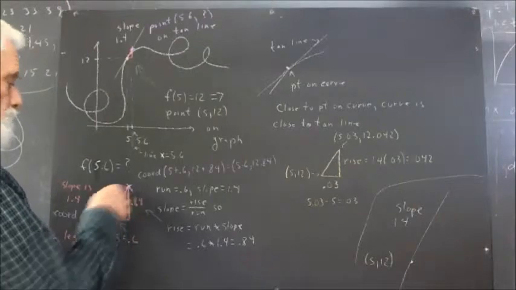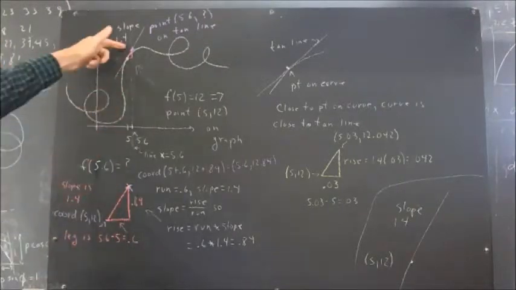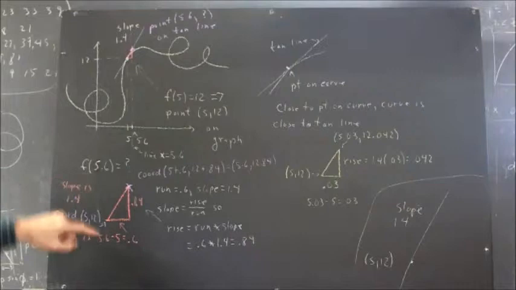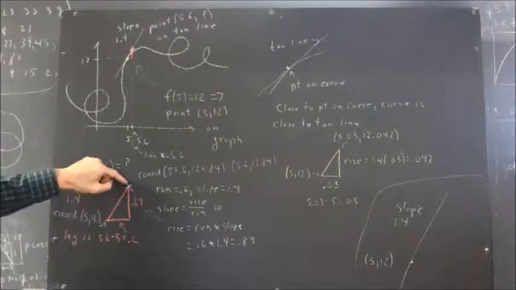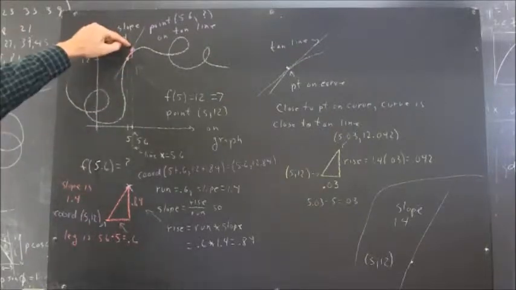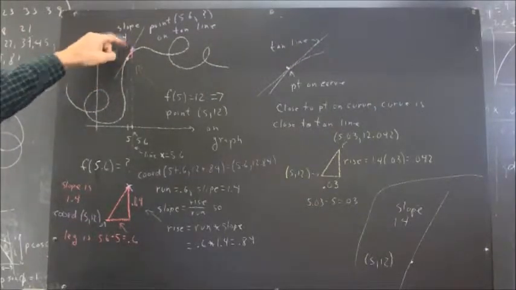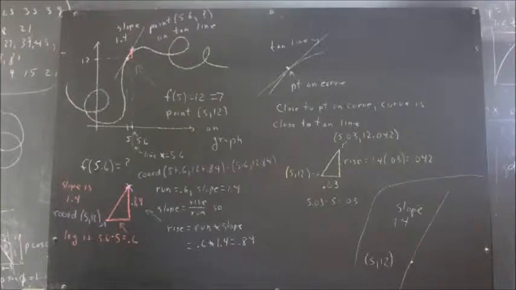Now, here's a bigger picture of this. First of all, we have this point with its coordinates 5, 12, and we have this point that I've marked with an X that matches this point here, and that's the point on our tangent line. There's a 0.84 written here, but we don't yet know how we obtain that, or maybe you do know how.